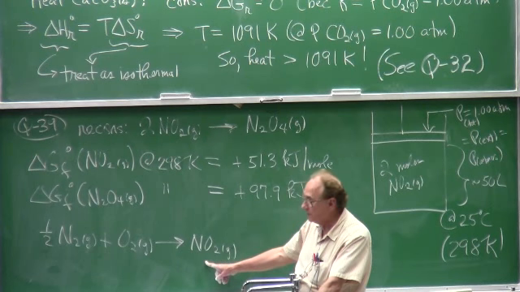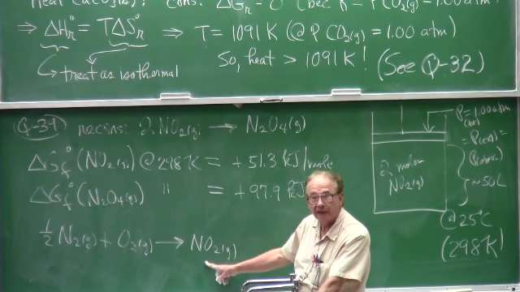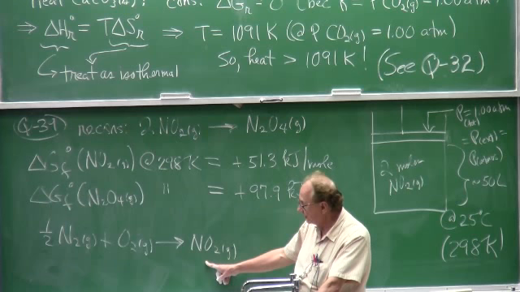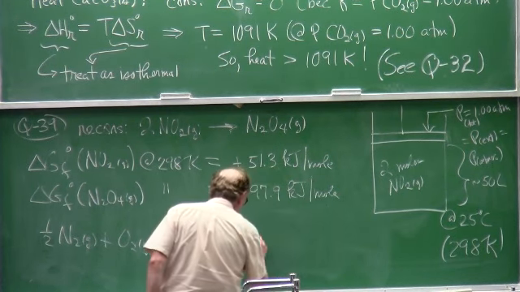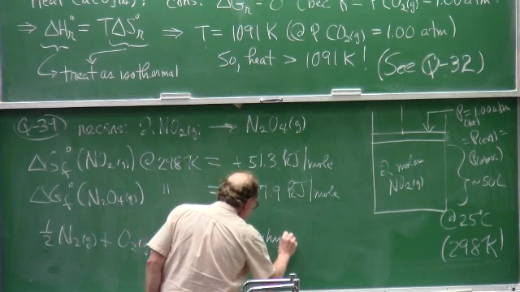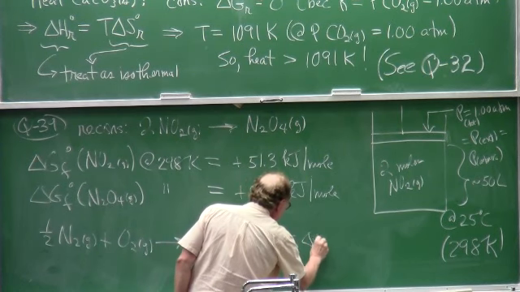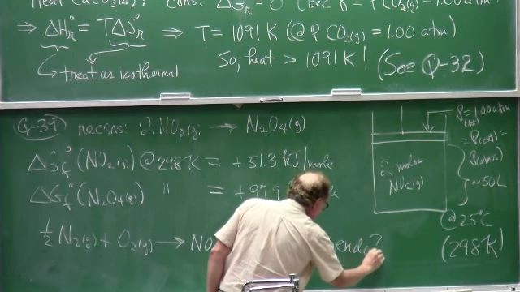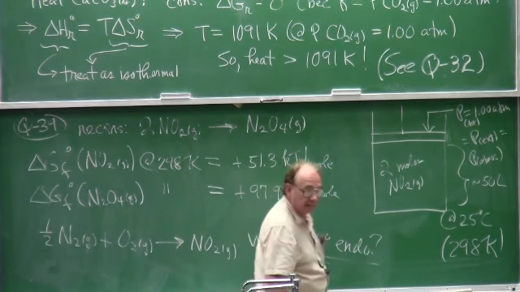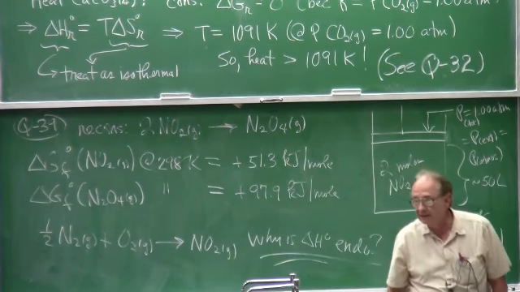Delta H0 for this thing is a large number, and plus, both the thermodynamic properties that we've cited, delta H0, delta S0, both not favorable for this thing. Why? Why is delta H0 endo? Bond disimprovement.